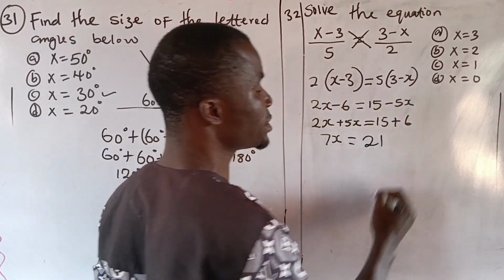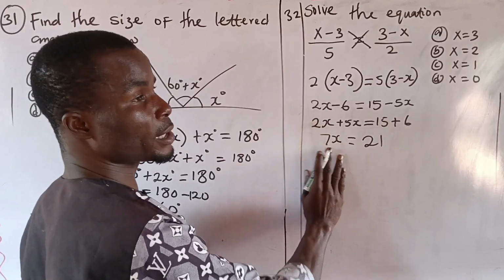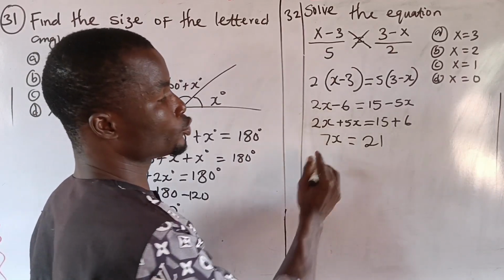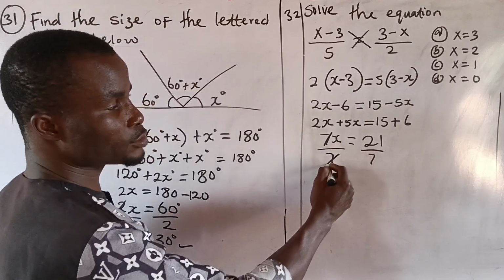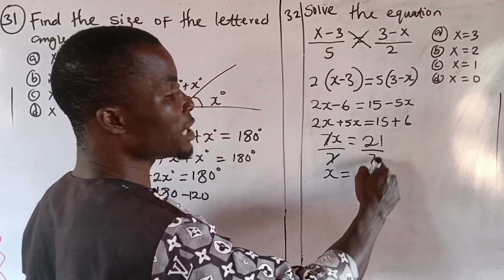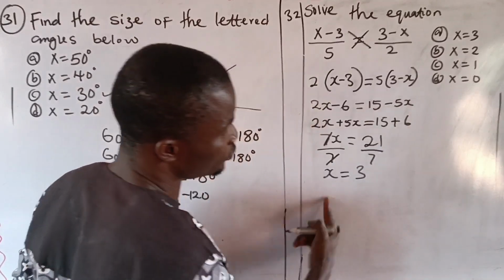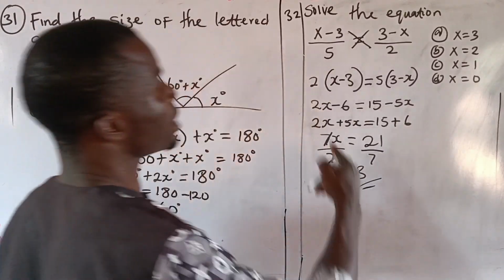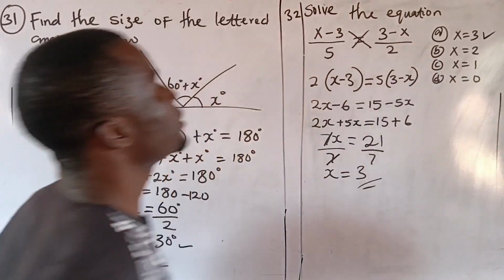It will give us 21. Now for this x to be alone, we are going to divide it by 7. So 7 cancels 7, right? We are left with x. So 21 divided by 7, what do you have? We have 3. So 3 is our answer. Let's check the option. Option A is the right answer.